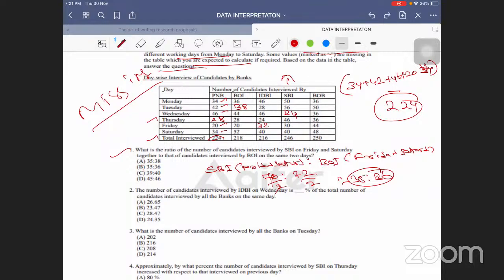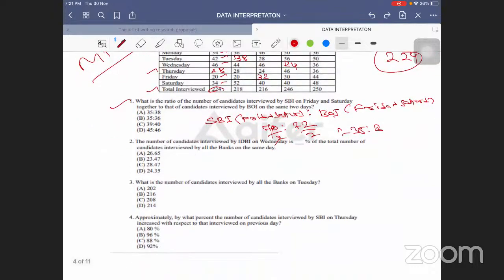So the next sum is: the number of candidates interviewed by IDBI on Wednesday, what percentage is it of the total number of candidates interviewed by all the banks on the same day? Let IDBI on Wednesday be X. The percentage is given, so we go directly to X percent: X into 100 of the total number of candidates interviewed by all the banks on the same day.